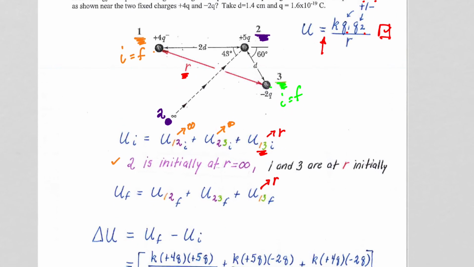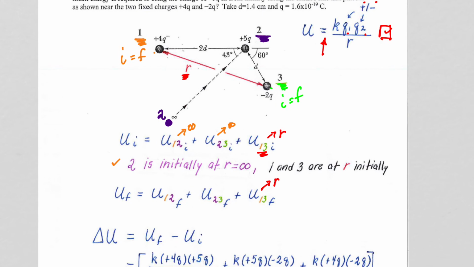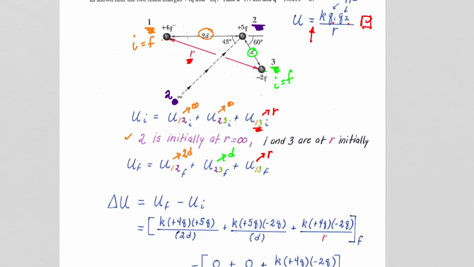And then finally, 1 and 2 are a distance 2d apart, and 2 and 3 are a distance d apart. So basically, we need to calculate the joule value, if we were given actual numbers to plug in, for each of those positions, and then take the delta U.